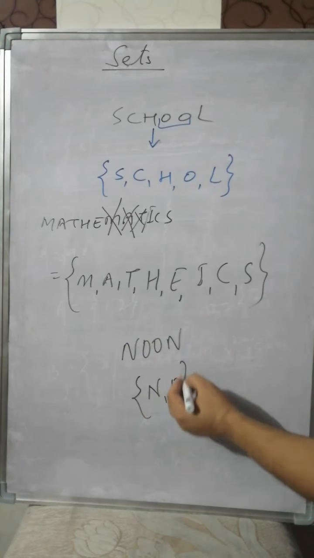Now, the set of natural numbers is generally denoted by capital N. The set of whole numbers is denoted by W. The set of integers is denoted by Z. You could have studied it in class 9.